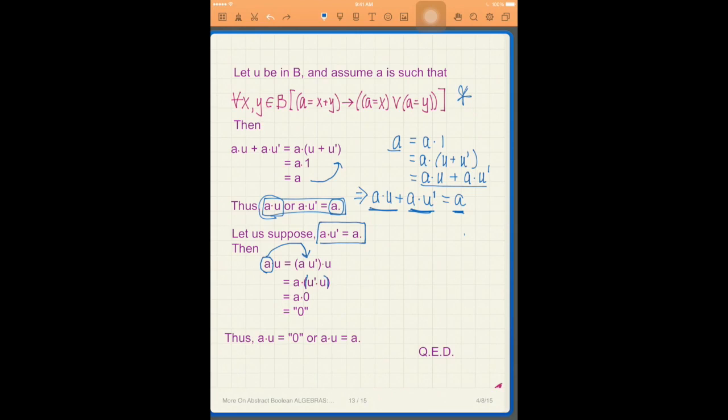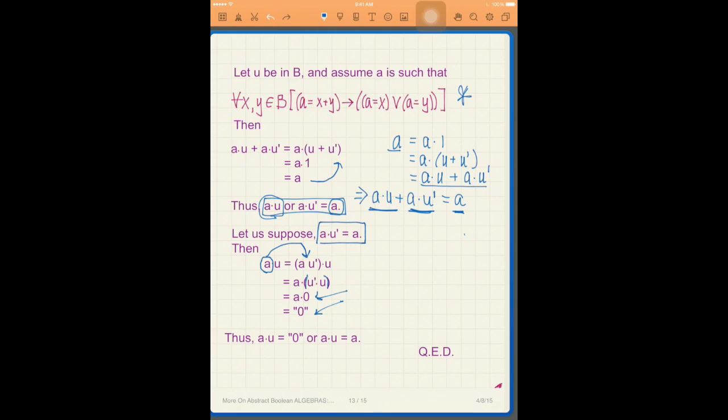And what is U complement times U? In any Boolean algebra, and U is coming from a Boolean algebra, it's going to be the 0 element. So we've written the 0 element here. And then what is A times the 0 element? Well, A times the 0 element in any Boolean algebra is going to be the 0 element. And again, I put the 0 in quotes because it's whatever that 0 element is for that Boolean algebra.